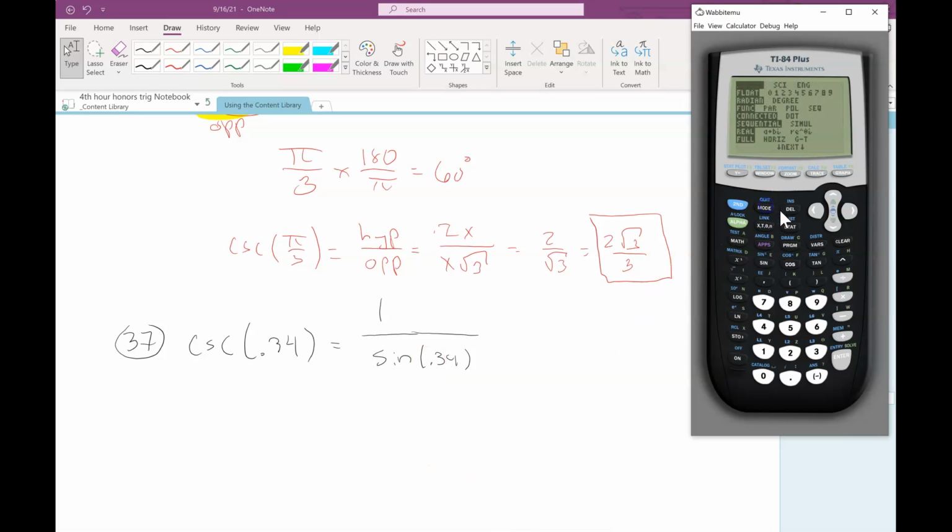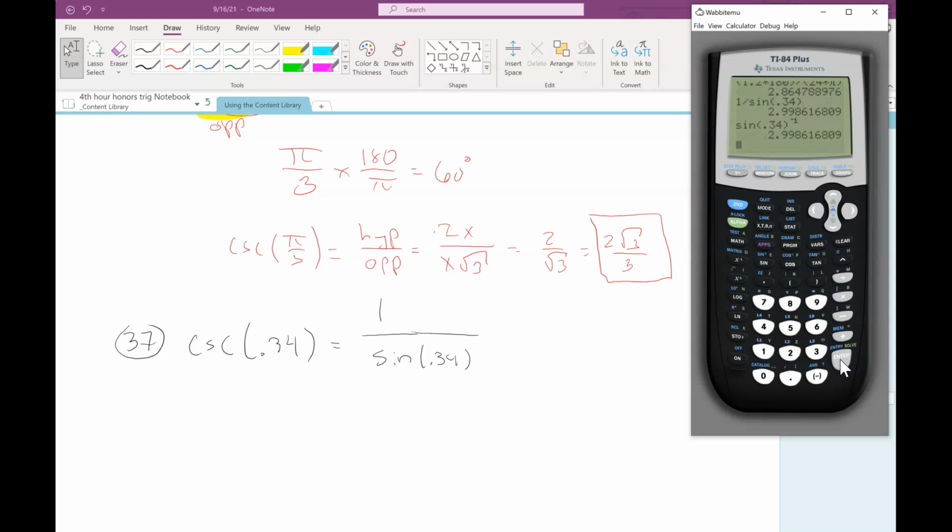So if I go to my calculator, make sure I'm in radian mode. That's good. And then we'll do 1 over sine of 0.34. So that's basically 3. This is the same thing as doing sine of 0.34 and then putting the -1 at the end.